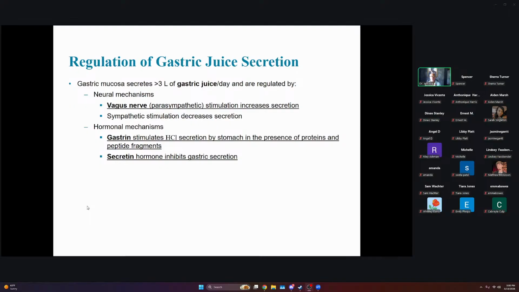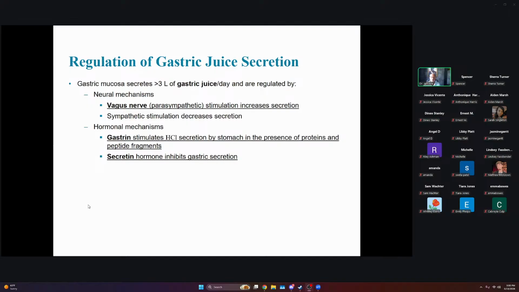All right, so gastric juice secretion, all right? So what regulates how many gastric juices and the rate that gastric juices are secreted in the stomach? And like so many other systems that we've talked about through Bio 210 and thus far through Bio 211, there are both neural mechanisms from the nervous system that either turn things on or turn things off or speed things up or slow them down.